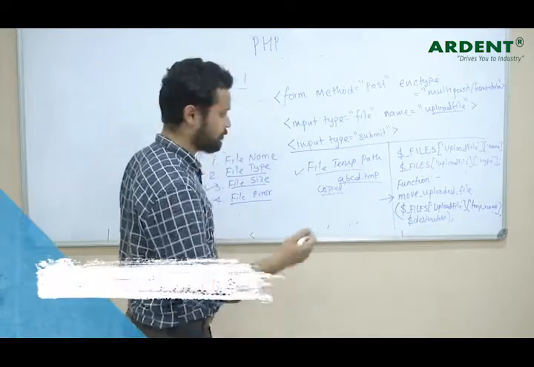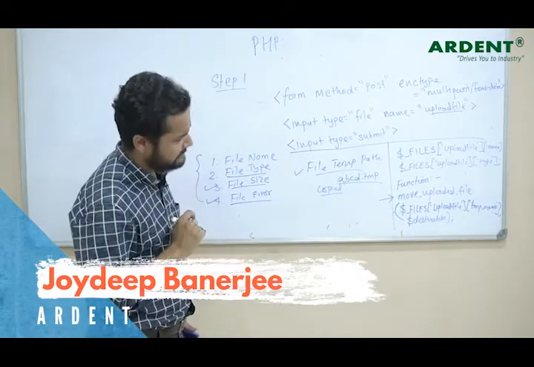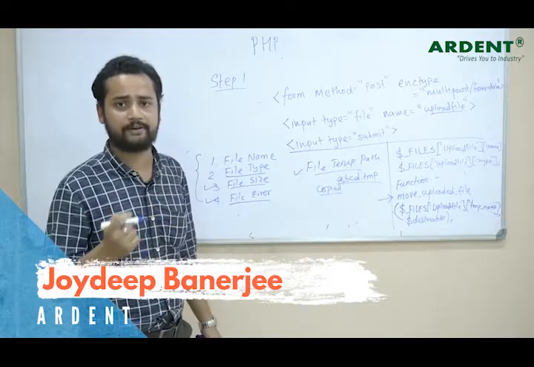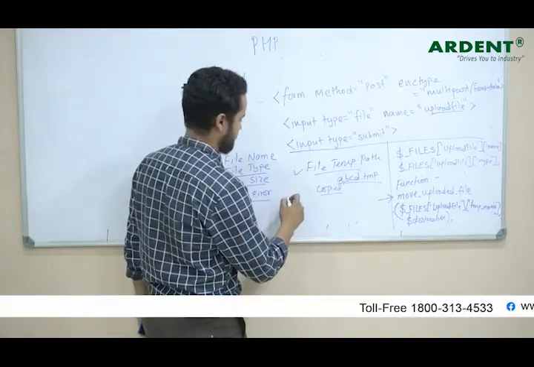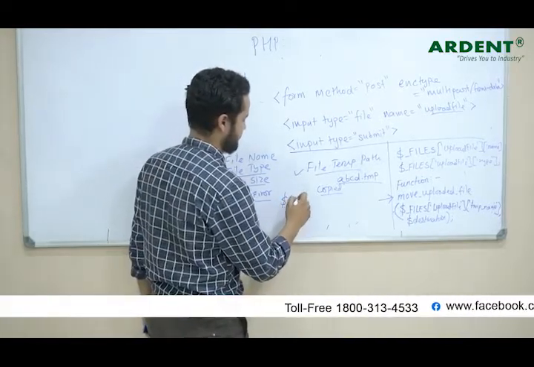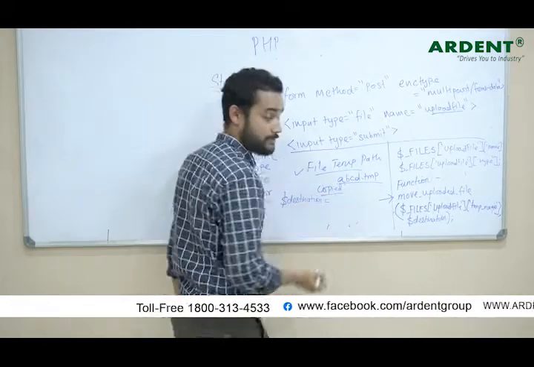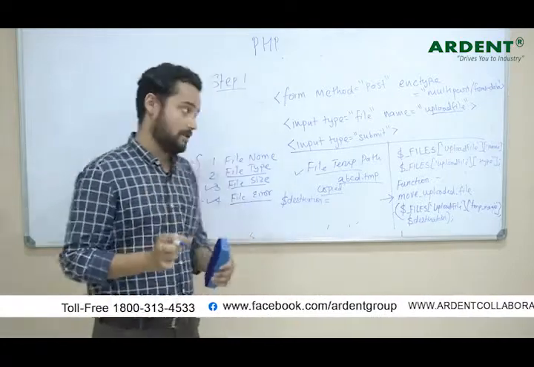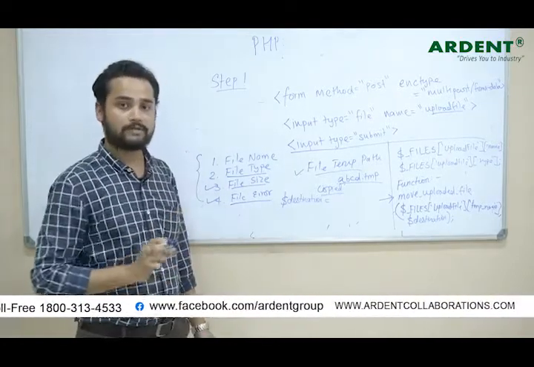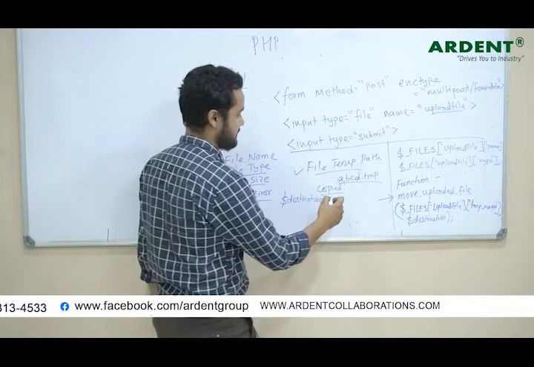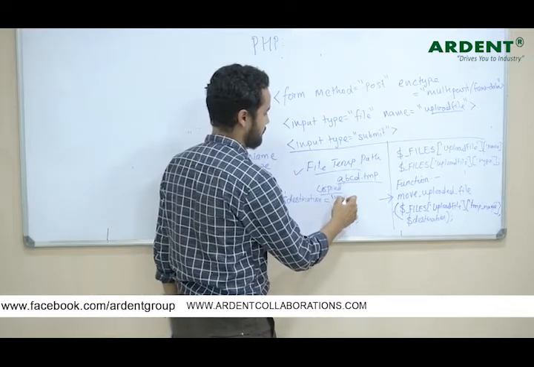So you must be wondering how the destination path is getting created. Let's take this example. Destination equals whichever folder you want to select to upload a file. Let's take the folder name as uploads.